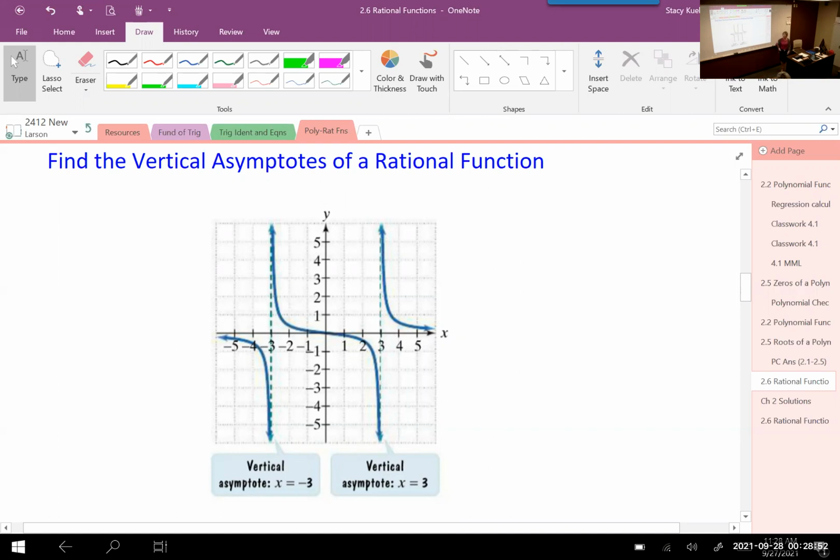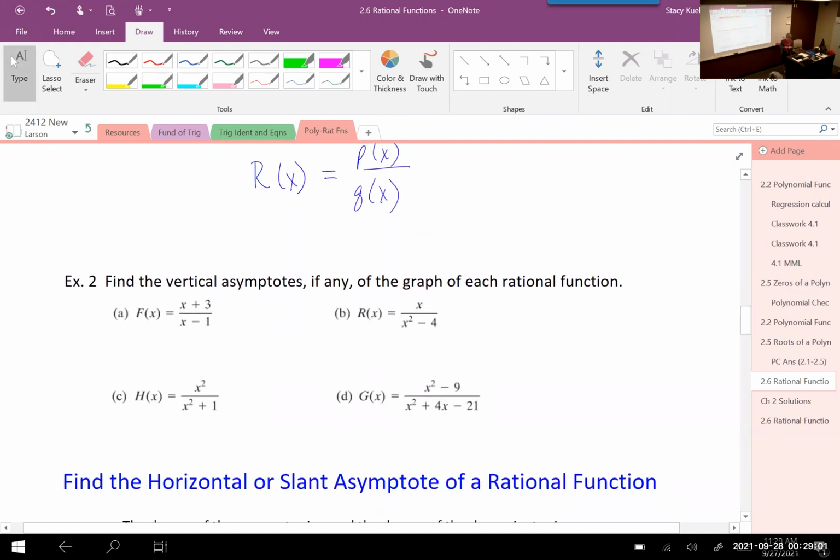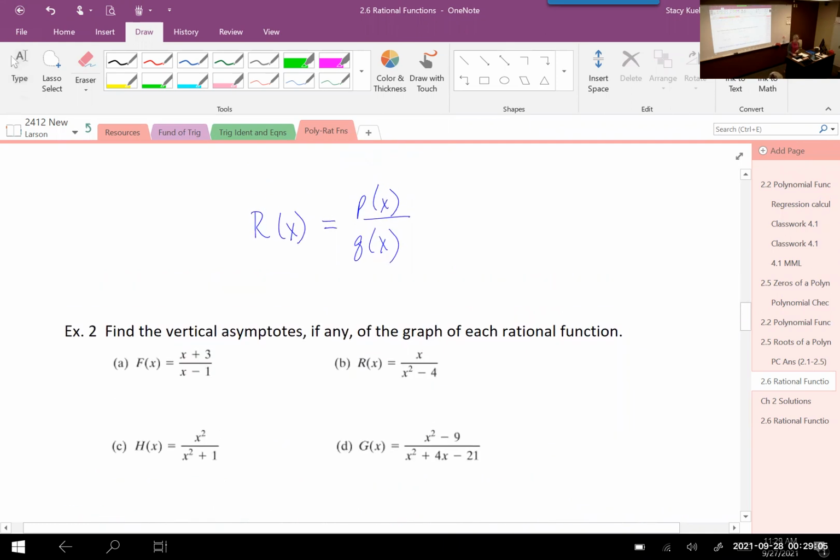So we're going to look at vertical asymptotes. The vertical asymptote is that point where the denominator ends up being 0. So it's very closely related to a domain, but there's a little bit of a difference.